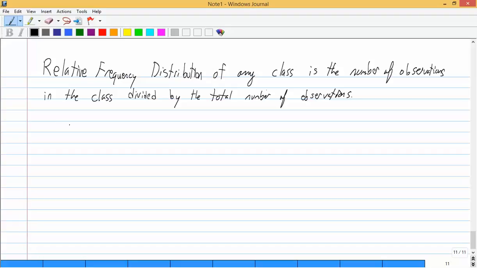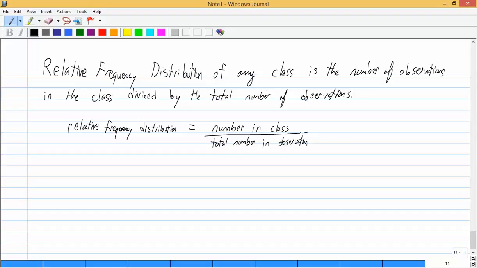And if you want to write that down like a formula, it's the number in class divided by total number in observation.